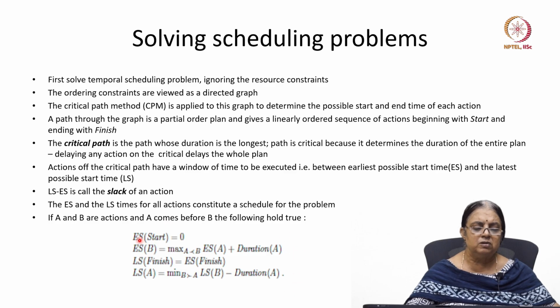Okay, so the ES earliest time of the start will be 0, and ES of B is equal to the maximum of ES of A plus duration of A, etc. So these will hold.